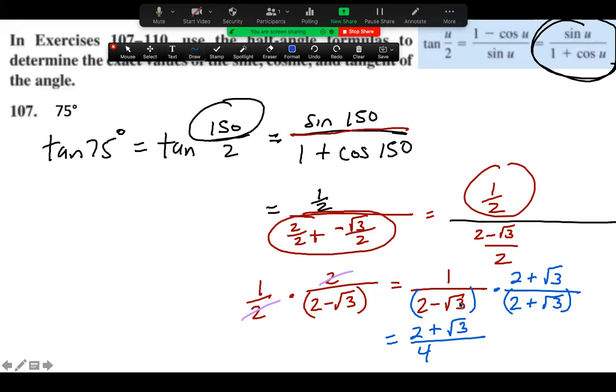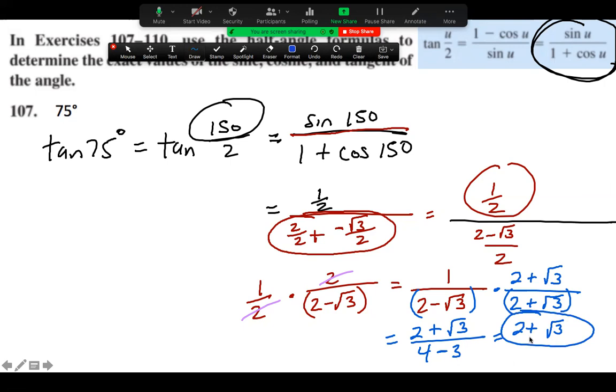Those will cancel. So then I just have the last: minus √3 times √3, which is √9, or a whole 3. So finally, I have 2 plus the square root of 3 over 1. 4 minus 3 is 1. Putting something over 1 is fruitless, so it's just 2 plus root 3.